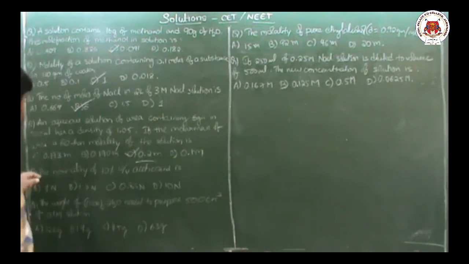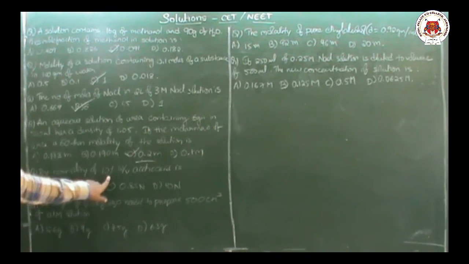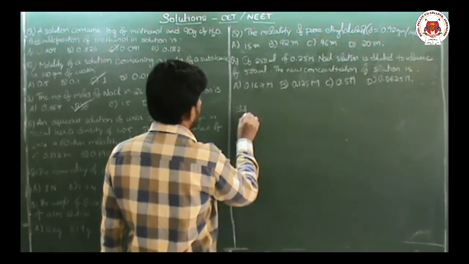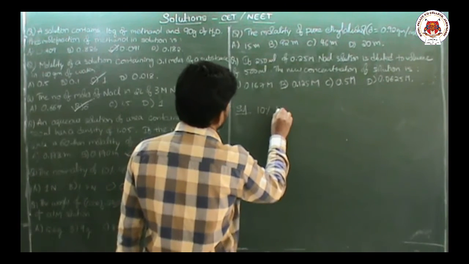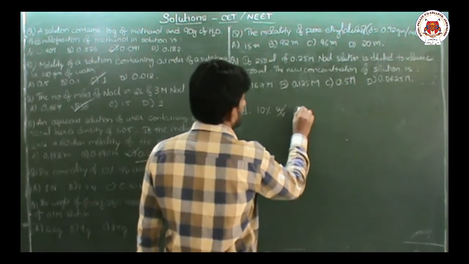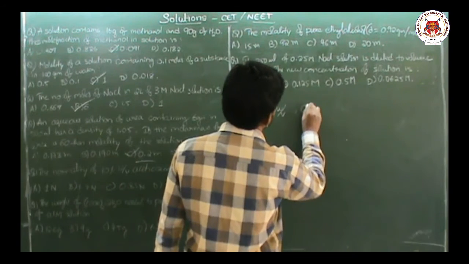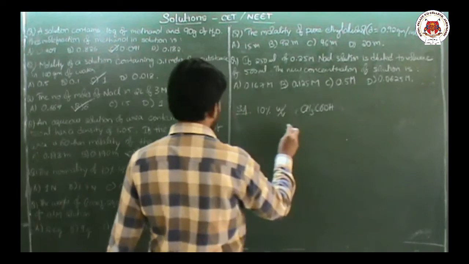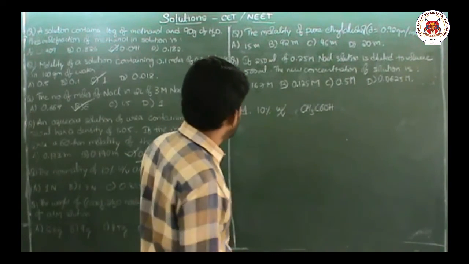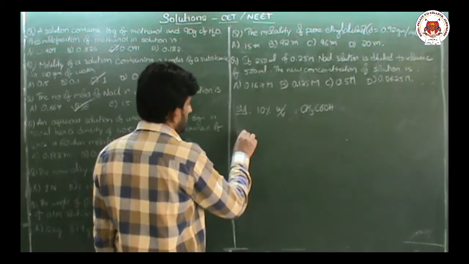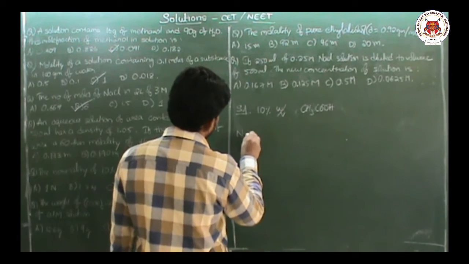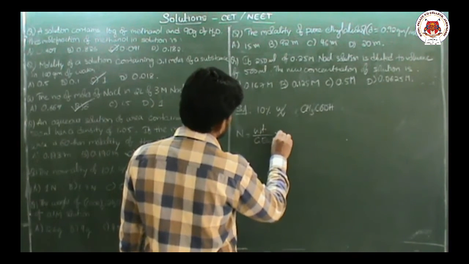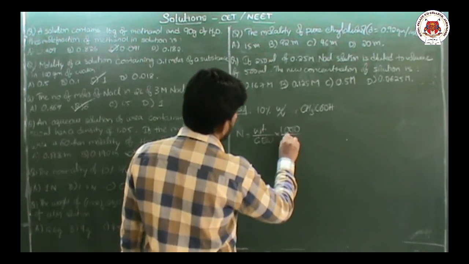Next question. The normality of 10% weight by volume acetic acid. Acetic acid means CH3COOH. You want normality. So normality is equal to weight by gram equivalent weight into 1000 by volume in ml.